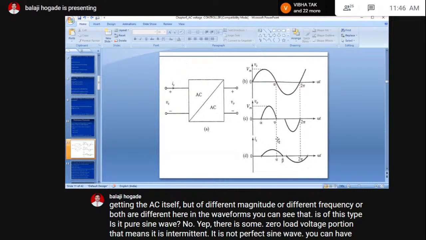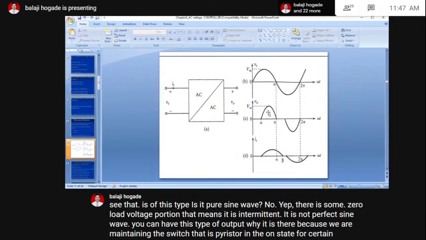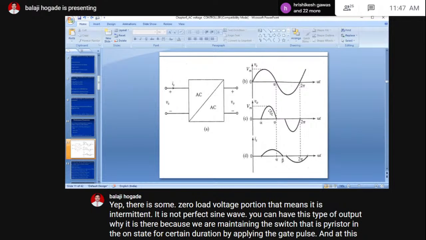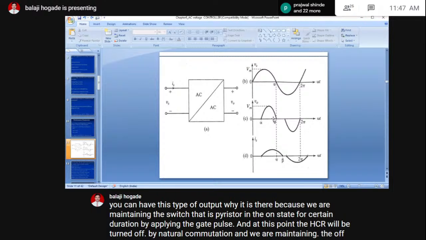Because we are maintaining the switch, that is thyristor, in the on state for certain duration by applying the gate pulse, and at this point the SCR will be turned off by natural commutation, and we are maintaining the off state of both the devices for this particular duration.